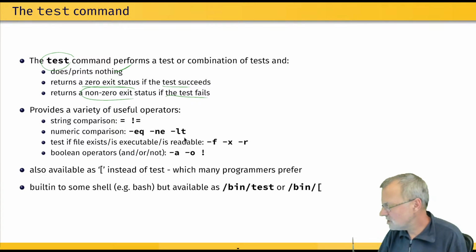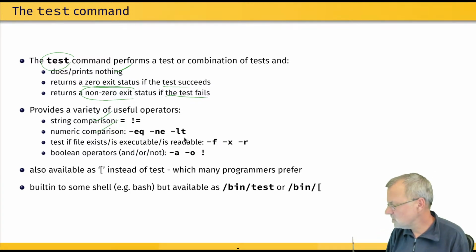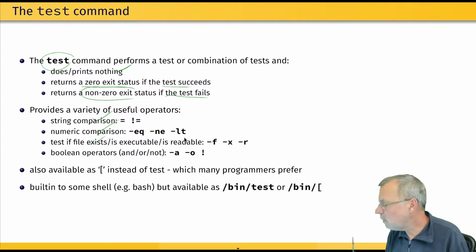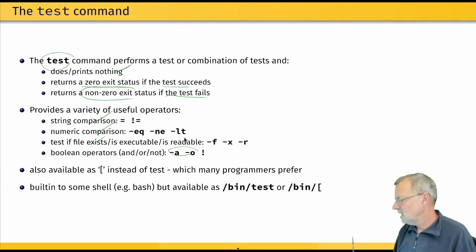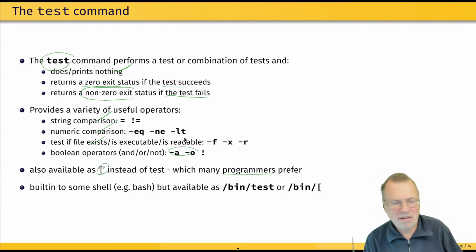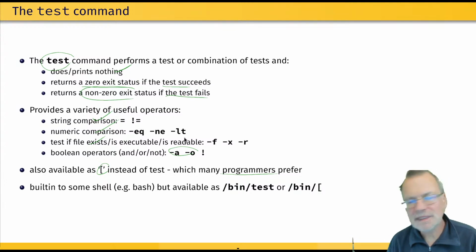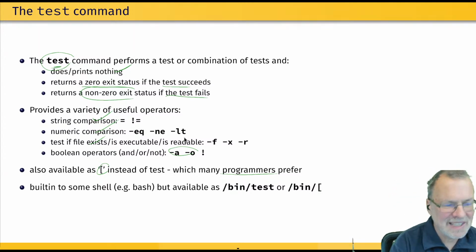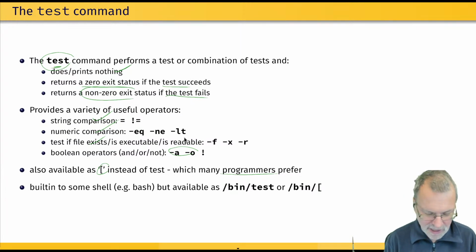You can compare strings, you can compare numbers, you can test if a file exists, if it's executable, if it's readable. You can combine tests with and or or operators. You can write it as square brackets, which lots of people prefer, but not necessarily me. It may be built into your shell. So it's the last part of the puzzle.